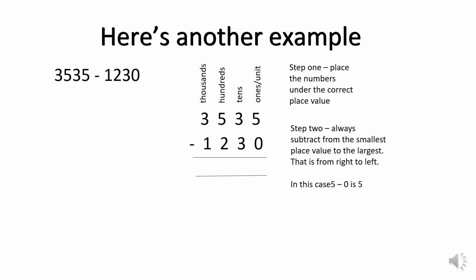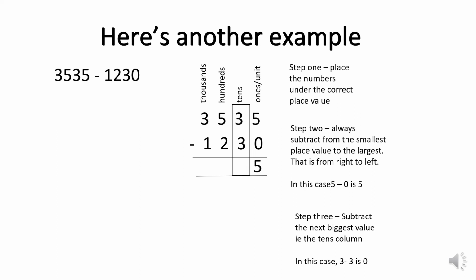In this case, it's 5 minus 0. That would make 5. And you write 5 after the equal sign. Step 3, subtract the next biggest value, that is the tens column. In this case, it's 3 minus 3. So you've got 3 items, and you take away 3. That gives you 0.